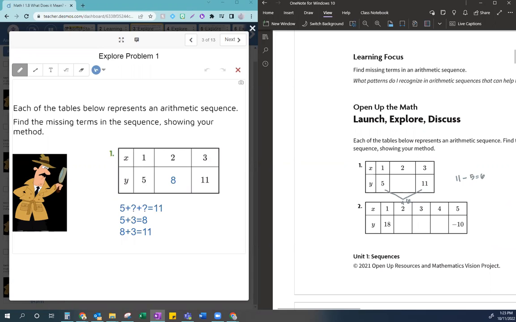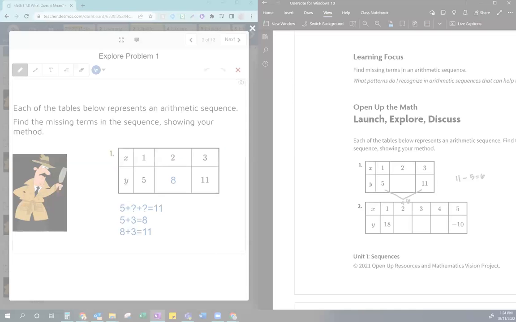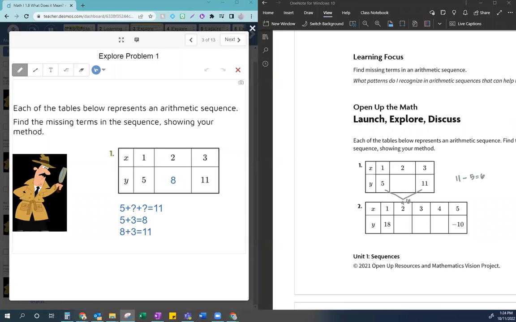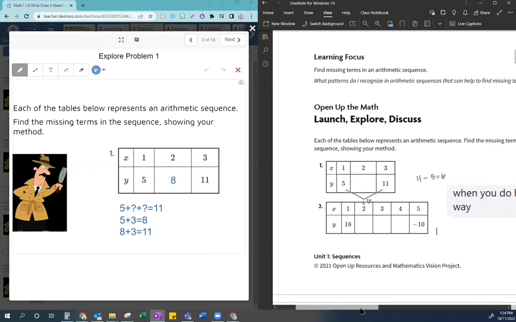Anybody? Yes, exactly. Someone says, and I'm going to snip it so you guys can all see that I'm not making stuff up. Someone said, hey, Miss Johnson, when you take half of 6, when I take half of 6, that's where my 3 came from.